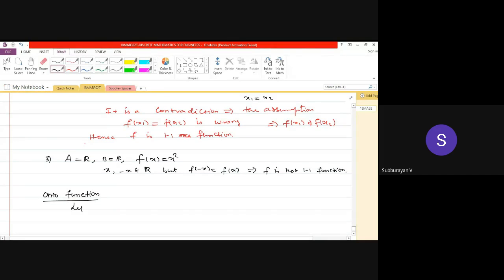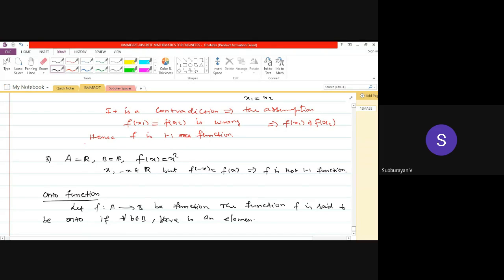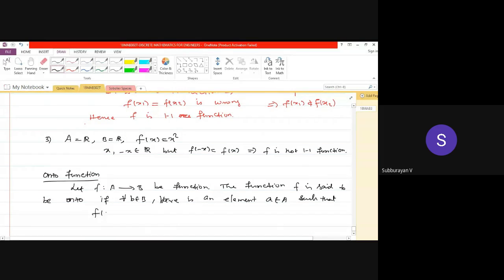Let f from A to B be a function. The function f is said to be onto if for every b in B, there is an element a in A such that f of a equal to b.